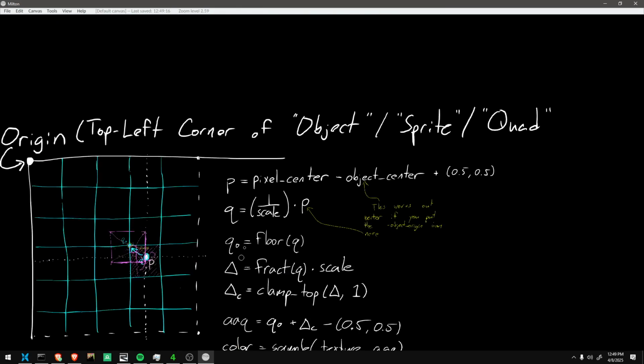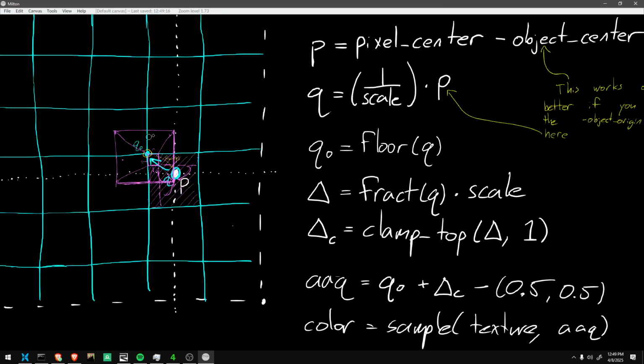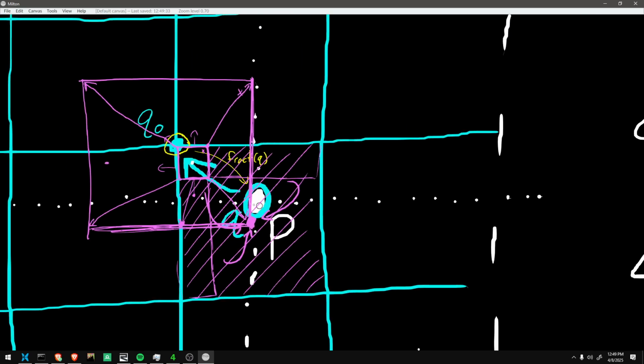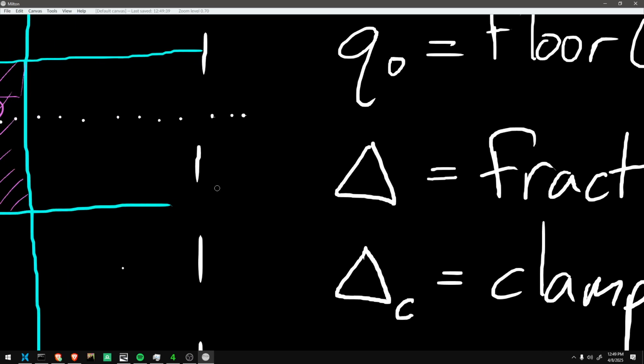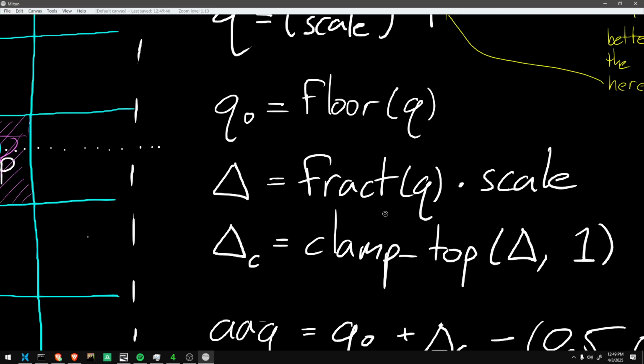So there's the calculation of q. Now q is going to be easily turned into q naught that way, but what is this? What is times scale? Well, this part is the same, so the fraction of q is the same. After we mapped p to q, q is in the space of texels, and then we get q naught, and we're interested in basically q minus q naught. That's all that the fraction of q means.